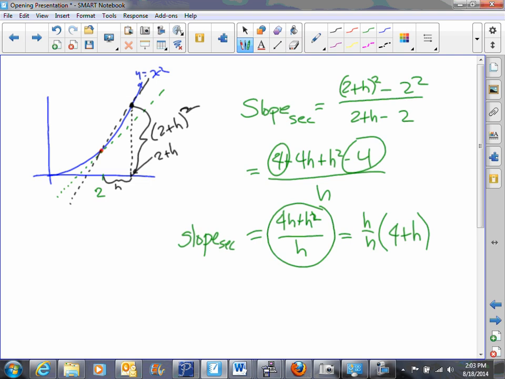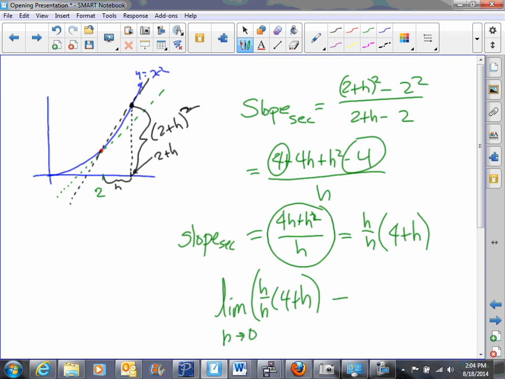So if we look at this, and we're going to do more with studying limits, but if we ask ourselves, what is the limit of h over h times 4 plus h as h approaches 0?